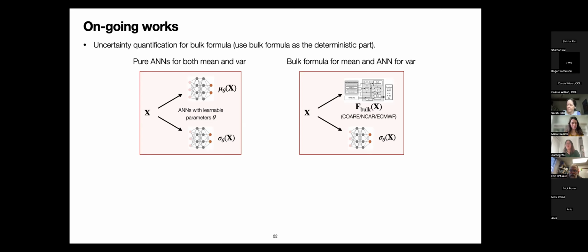So right now, for example, every hour the atmosphere and ocean exchange information, and this is done by bulk formula. So you apply bulk formula to every grid point. So we can think of adding stochasticity to that coupling process. So when you apply bulk formula, you're not just computing a deterministic value, you're drawing from a normal distribution.